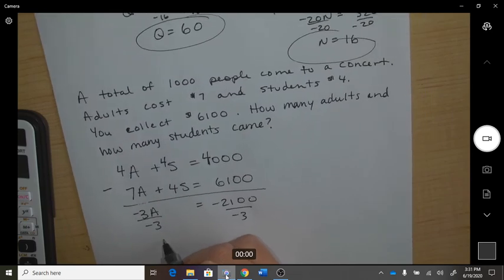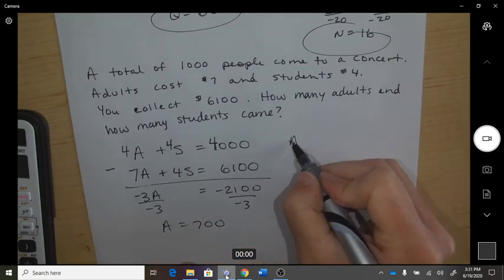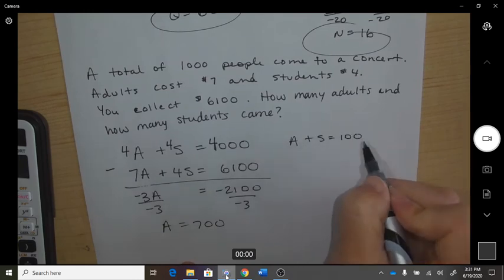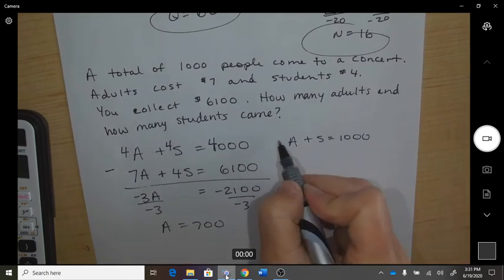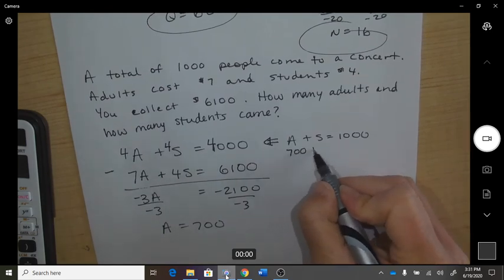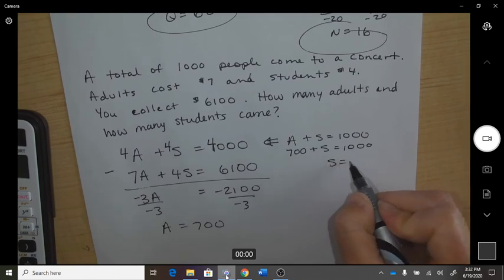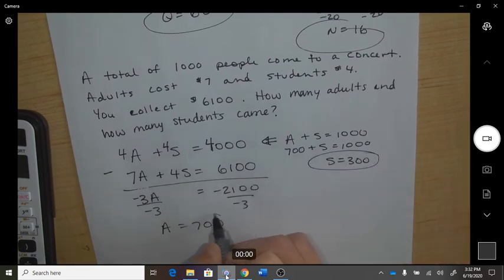So the number of adults is 700. So I guess I should have left my original equation here. And if this is 700, that means we would have 300 students.